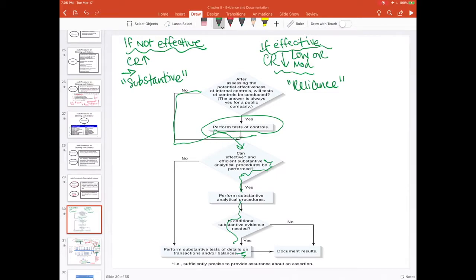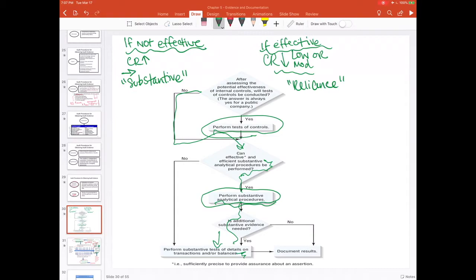It's a balance sheet line item, but it has a very small balance underneath TM. So I don't technically consider it a significant account, but since it's a balance sheet line item and it's actually showing up, I still want to do some testing, then I might do some substantive analytical procedures, but not do the test of details.